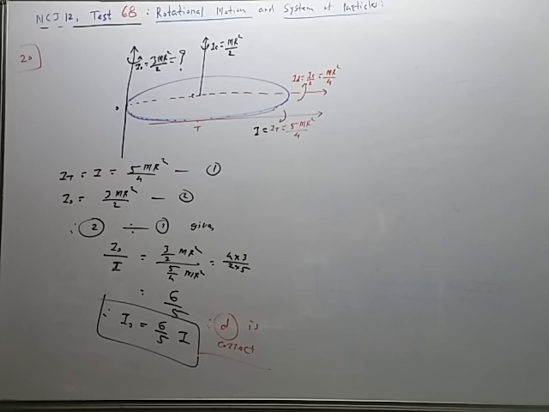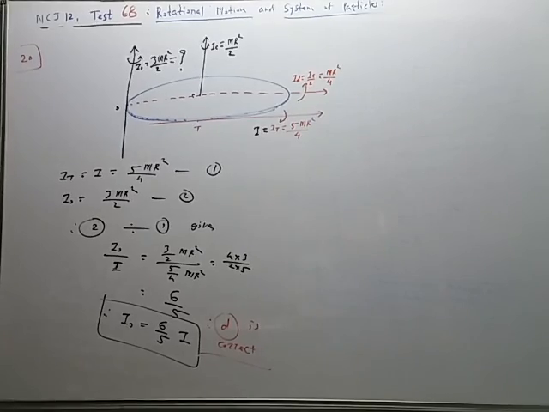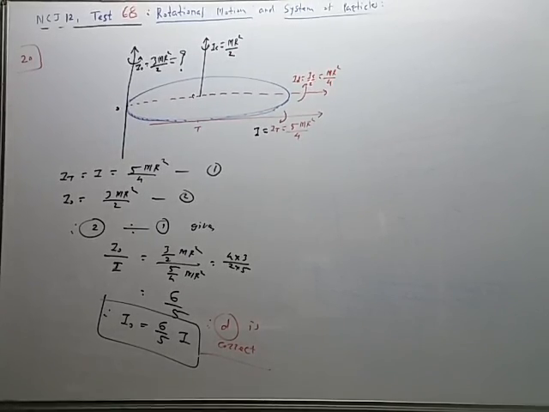Like this. In this one figure we have shown all the moment of inertia values. This is the central axis, mr square by 2 moment of inertia. ID, the moment of inertia of the diameter, is always half of this, so mr square by 4.